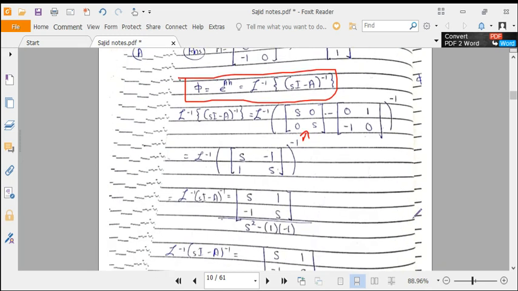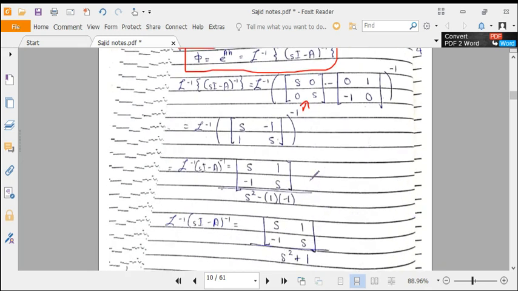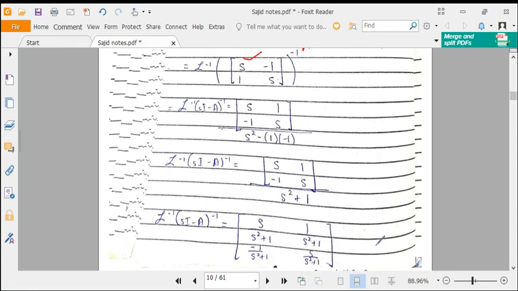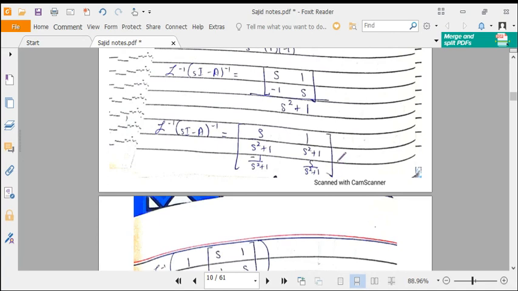So here we have found this sI minus A, and we have to take its inverse, as we have seen earlier, the inverse is given by adjoint over determinant. So after taking the inverse, we get this matrix.